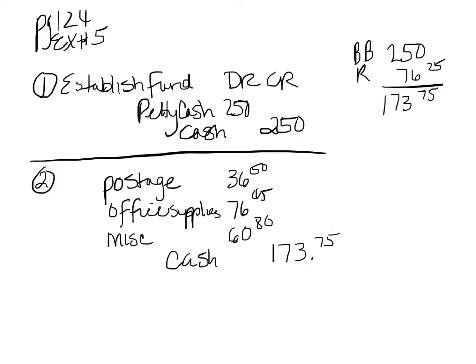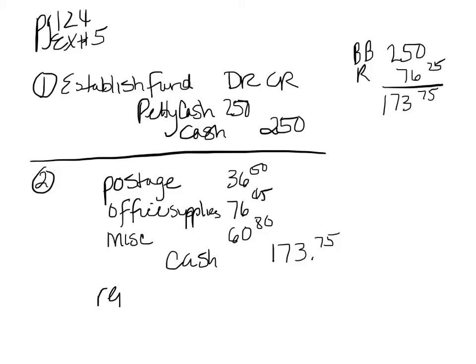Let's double check the math there. $36.50 plus $76.45 plus $60.80 gives me $173.75. So that is in fact what we are going to write the replenishment check for.